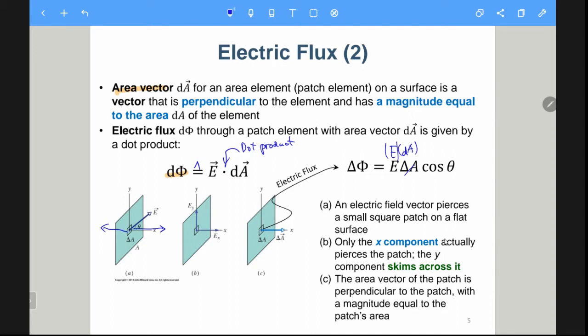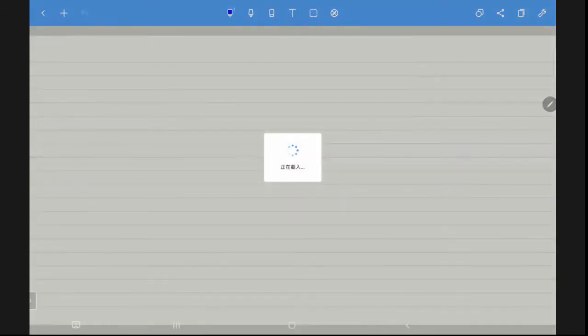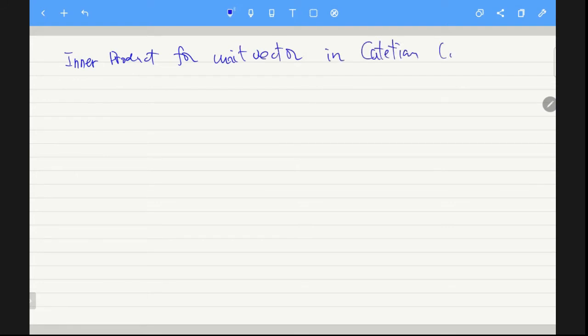Maybe I can just mention the inner product for the unit vectors in Cartesian coordinates. So we have i, which is the unit vector in the x-axis, j is the unit vector of the y-axis, and k is the unit vector in the z-axis.